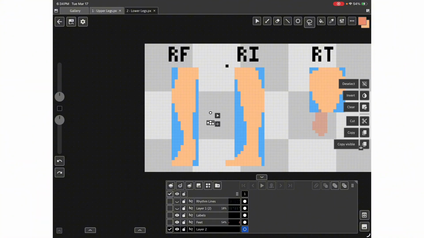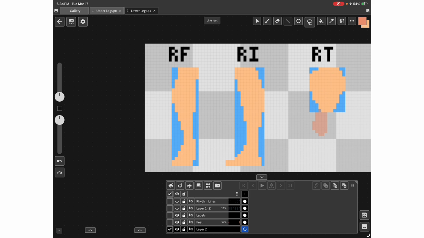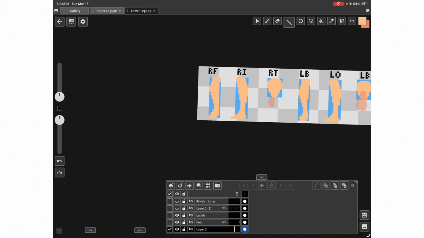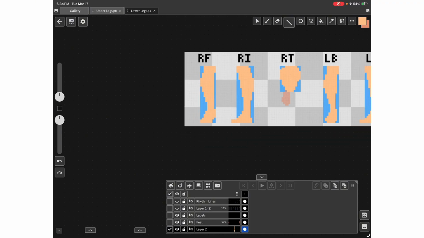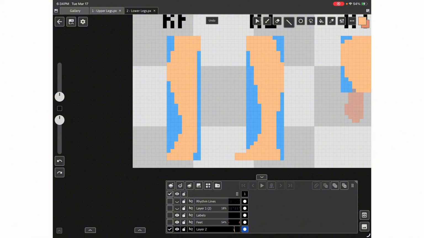But honestly, some cartoonists, again, they simplify it even more. And they'll just put it right down the middle. Then again, now that calf looks a little too meaty, or the ankle looks meaty, but you get the idea. It looks off because this is pixel art and because I don't have many pixels to work with.